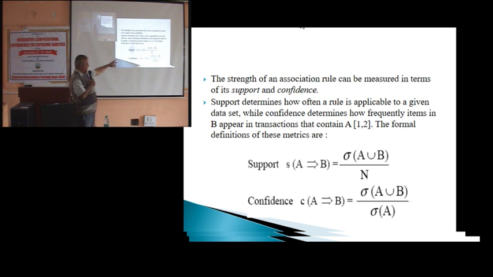Say there are 100 customers who come to buy items at the shop, and out of them 80 customers buy milk. So what is the frequency of milk? Sigma A is the frequency of milk, 80. Sigma means frequency, how frequently milk is bought.